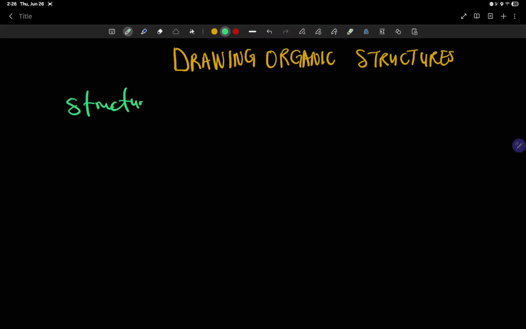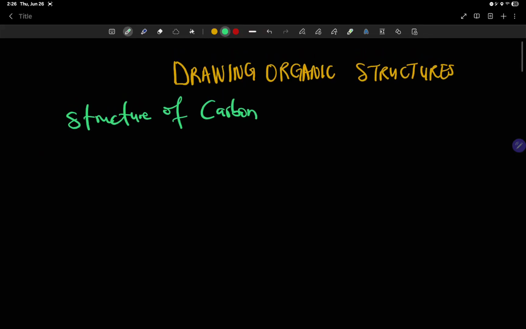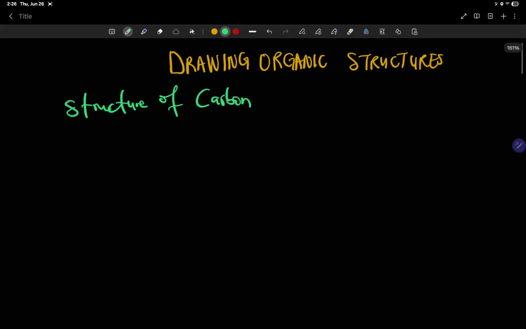The structure of carbon. You agree with me that carbon is the skeletal element that can be seen in every organic compound in organic chemistry. So you remember your knowledge of electronic configuration. If you don't know that, I'll teach it in one of my videos.